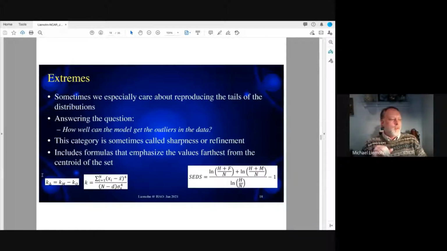One of them is kurtosis discrepancy. So calculate the kurtosis, which is this value. It's kind of like standard deviation because you're comparing the values against its own average, but you're taking it to the fourth power. That really exaggerates the influence of the outliers.